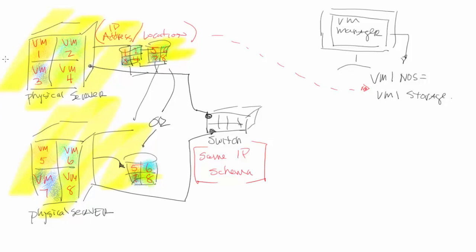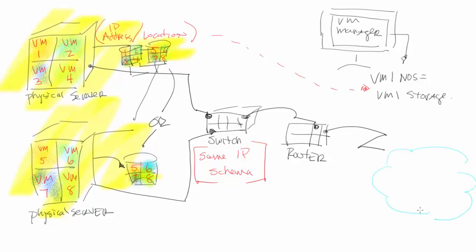Now, your whole world changes when you go to a geographically dispersed environment. Why? Because we have to go through the router, and the router does what? It NATs out the information, right, and translates it into an IP schema that's routable, that goes over, and then your geo-dispersed target site has a router that gets communicated with, then feeds down into a switch within that environment that, oh, by the way, communicates with those virtual machines that are existing within that environment as well.